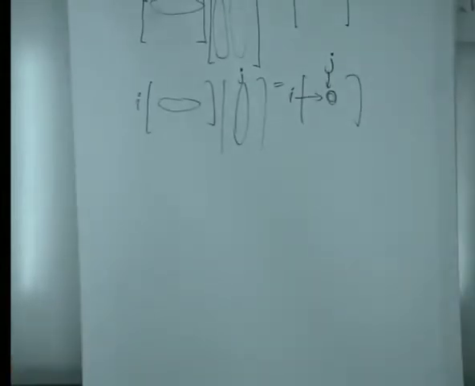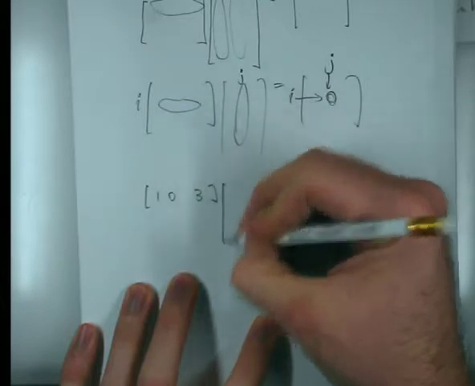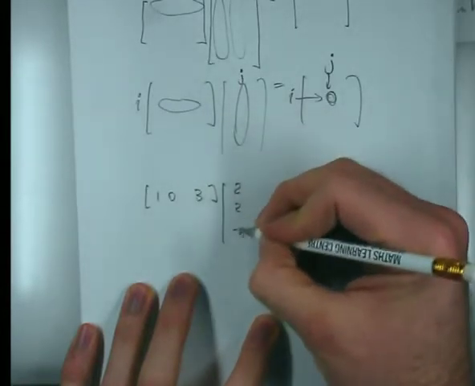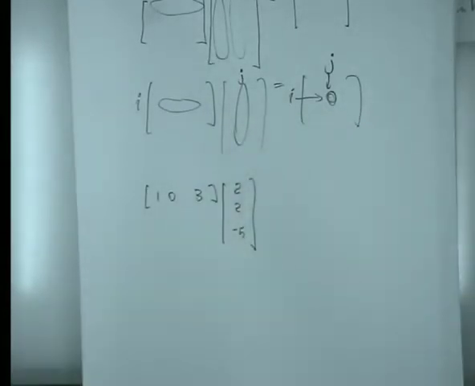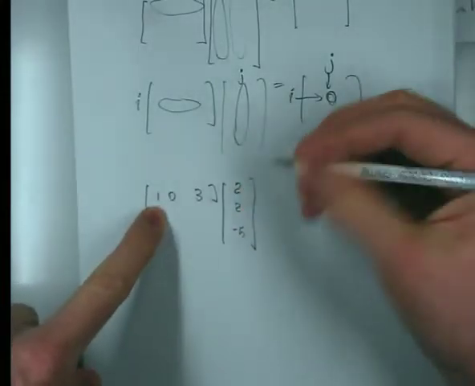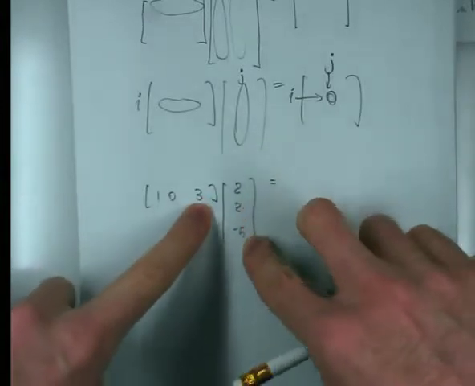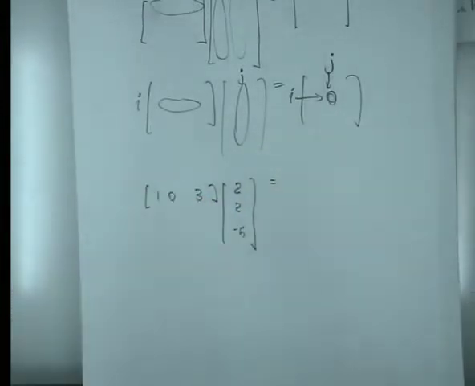So the simplest case is going something like that, and we go 1 times 2 is 2, 0 times 2 is 0, and 3 times minus 5 is minus 15, and then we have to add those answers together.